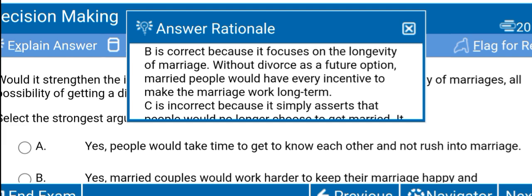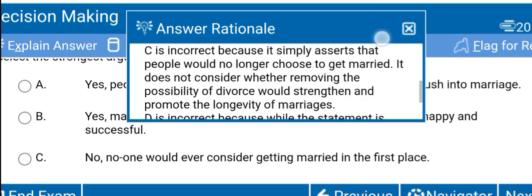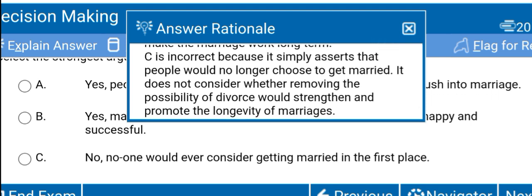And option C is incorrect because it simply asserts that people would no longer choose to get married. It does not consider whether removing the possibility of divorce would strengthen and promote the longevity of marriages.